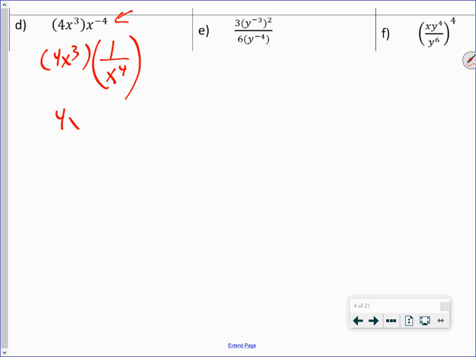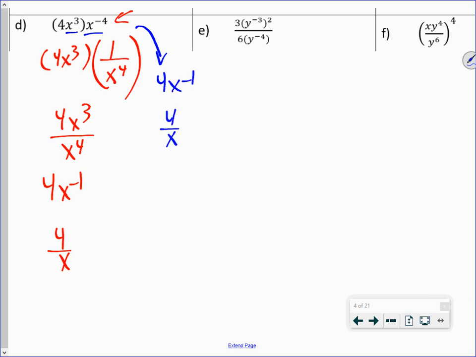You could do it this way, and you subtract the exponents, and you'll get 4x to the negative 1, which is 4 over x. The other way you could do this, the alternate way, would be you could multiply and just go 4x to the negative 1, which is 4 over x. Either way you do that is correct.